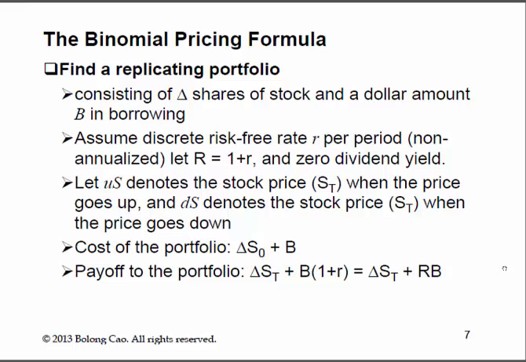To start, we assume discrete risk-free rate r per period. It's non-annualized, just makes things simple. Let capital R be 1 plus r. That makes the whole derivation of the formula quite easy. And there's 0 dividend yield. We can add back dividend later on.